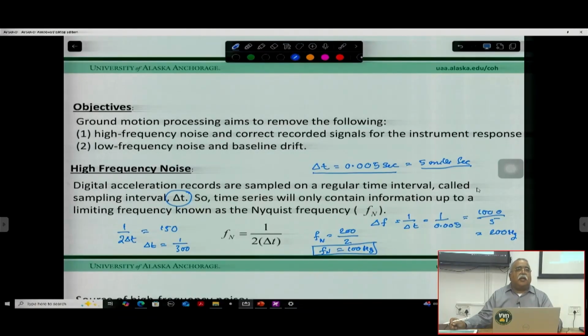You cannot expect to sample at 0.005 seconds and extract information from a signal which is 100 hertz or greater. So you first have to decide what you need.